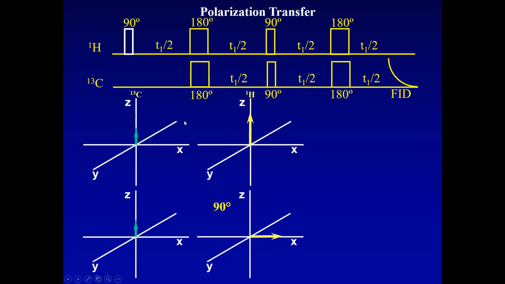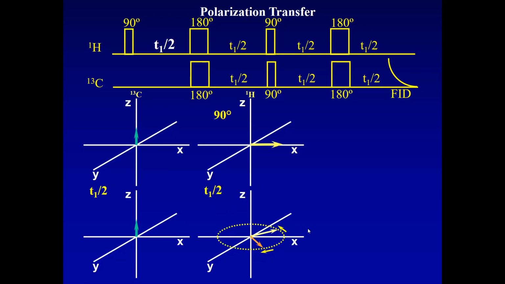We do a pulse acquire. We do an excitation pulse just in the proton domain, so only that channel has been activated. Nothing has happened to the carbon-13, but the protons are now in the XY plane. Now we wait some time, and we still haven't touched the carbon-13, so the net magnetization there remains undisturbed.